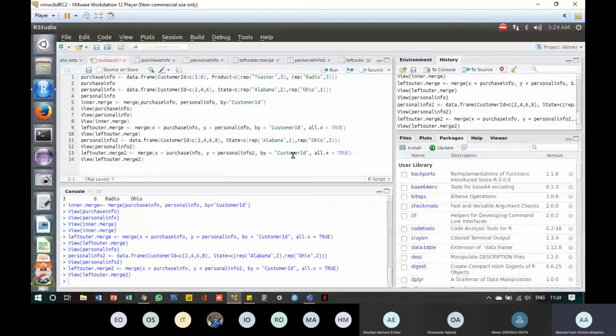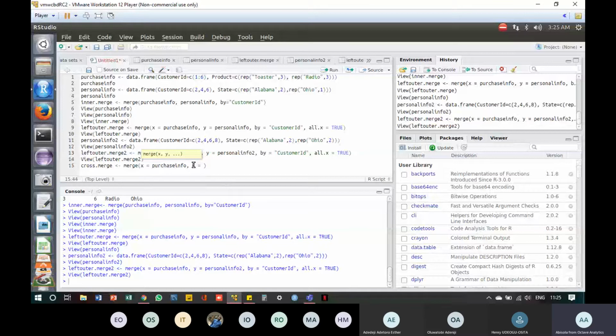So merge, let's call it cross.merge. What are you merging? x as purchase info. You can decide to indicate your x and y's even when you are not doing left or right joins. It doesn't change anything. y is personal info, and by equal to null.